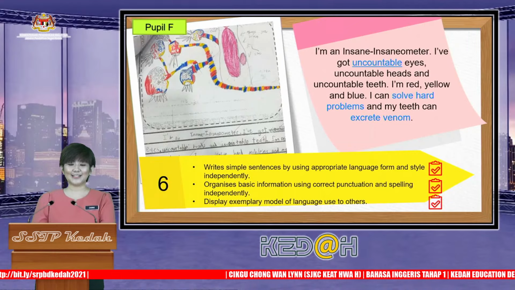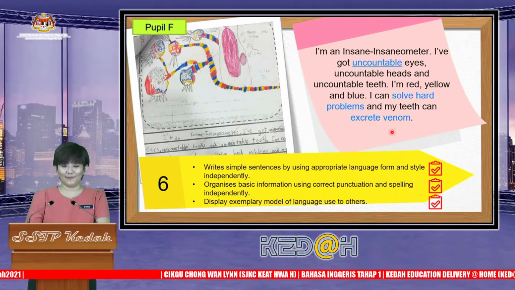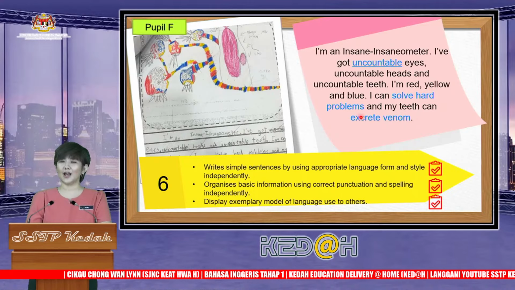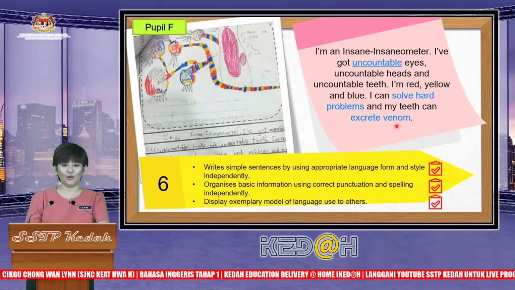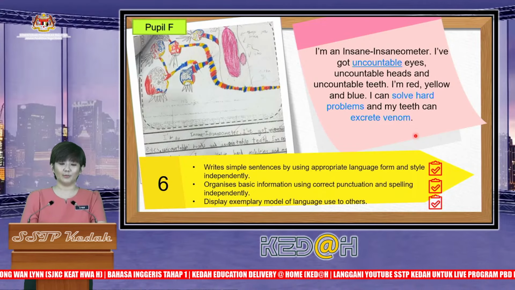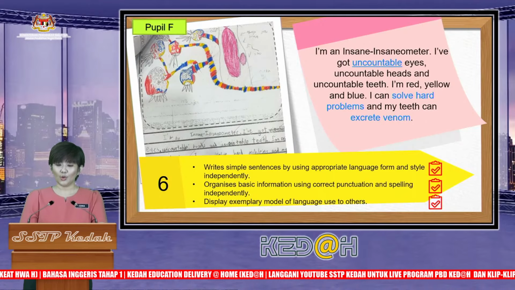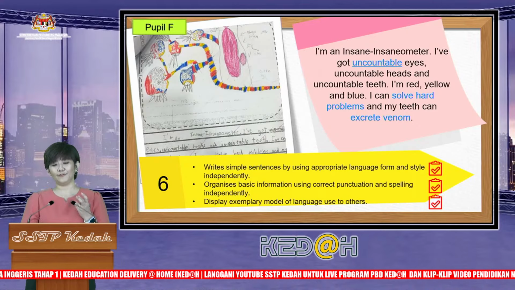All right, let's look at this piece of work. This is pupil F. Okay, so I'm an insanometer. I've got uncountable eyes, uncountable heads, and uncountable teeth. I'm red, yellow, and blue. I can solve hard problems, and my teeth can excrete venom. So we could see here that this pupil has excellent use of the language.